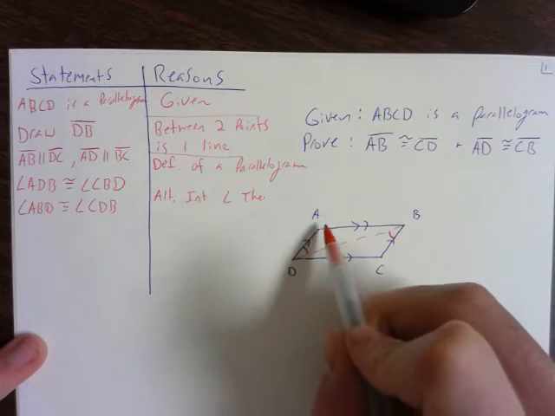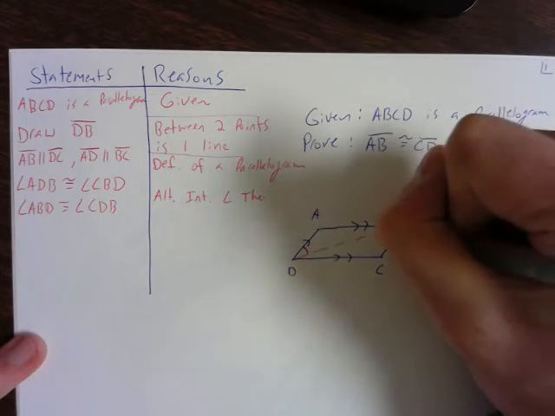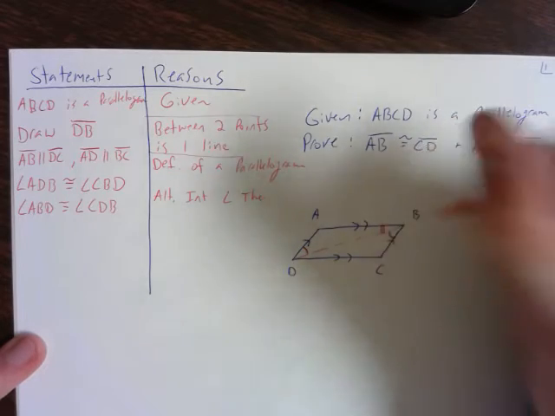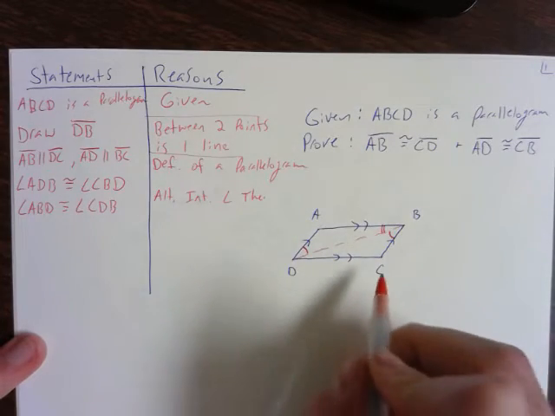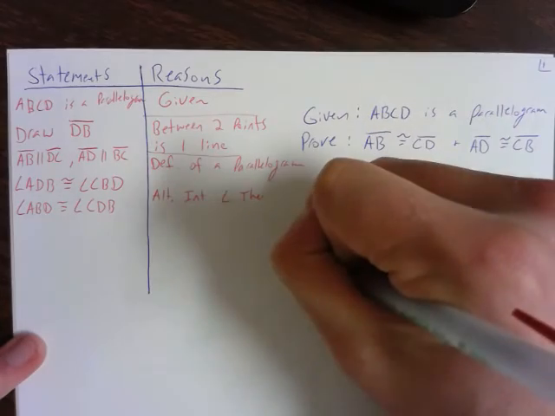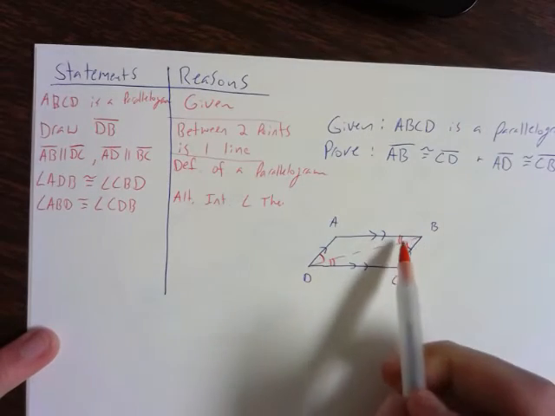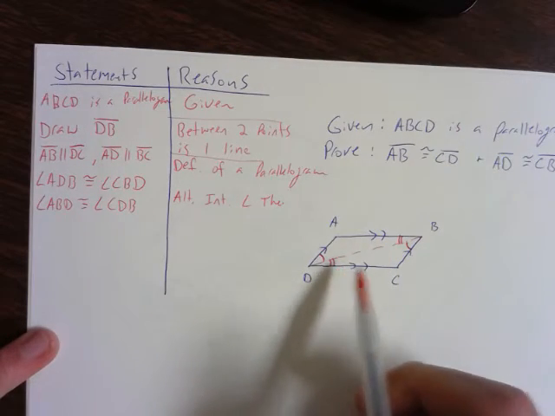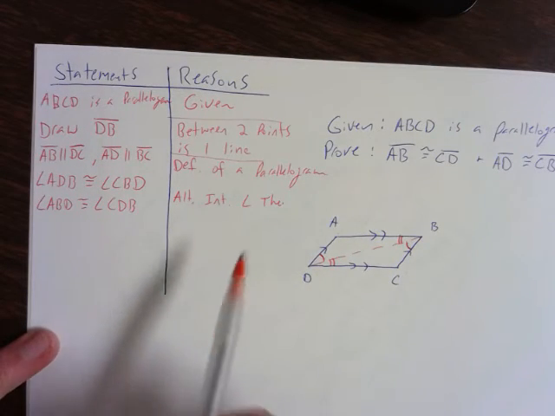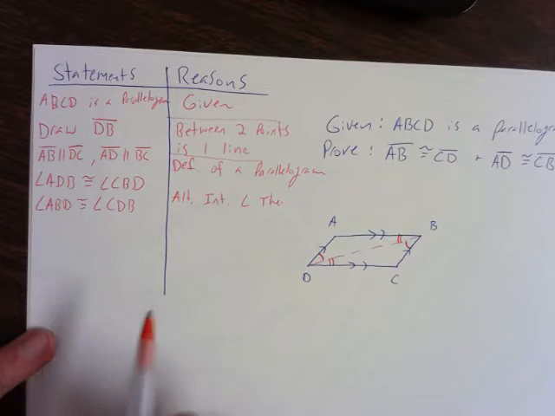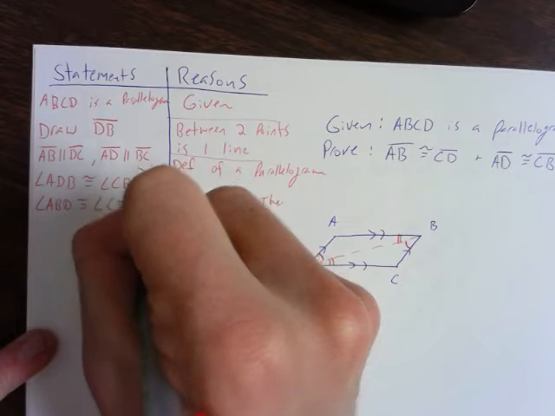So I have ABD, and I'll do a double line here, and then I have CDB. And those are, once again, alternate sides of that transversal inside my parallel lines, so alternate interior angle theorem. And those all go together there.